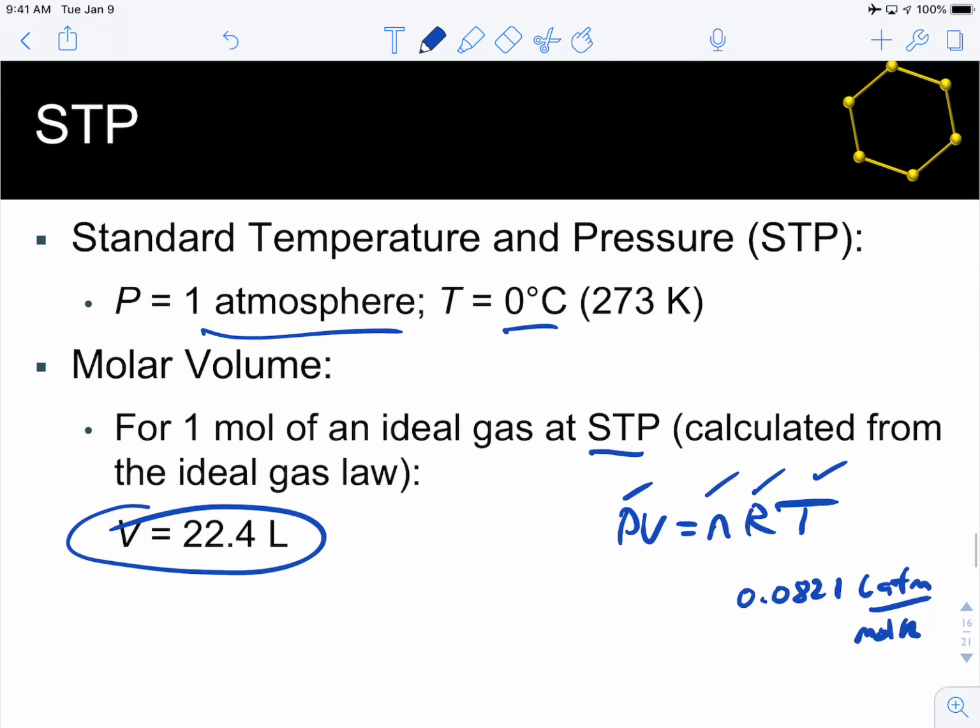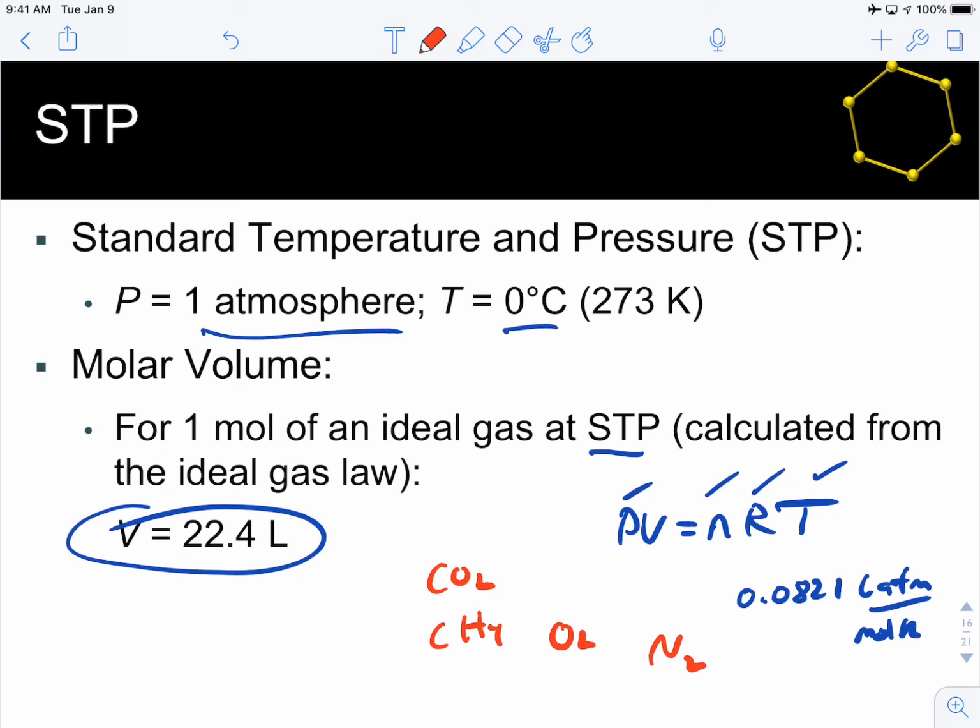The important thing to realize here is that this is independent of the density of the gas. It doesn't matter if it's CO2, methane gas, oxygen gas, nitrogen gas. The answer is the same. Why? Well, look at the equation. There's nothing there that defines the gas. There's no molar mass in the equation, which basically says that the mass of the gas is irrelevant.